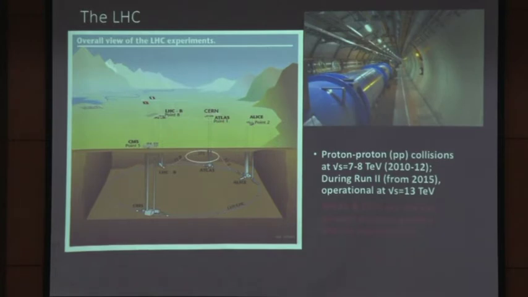Till last year, and then when we resume in 2021, it would be 14 TeV, just 1 TeV higher. And why was it 7 and 8 TeV during run 1? Anybody knows? Why didn't it operate at, let's say, even 13 TeV during run 1?